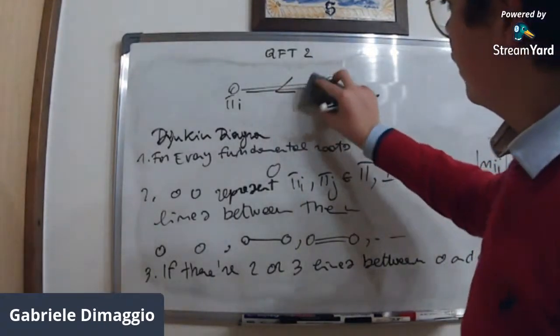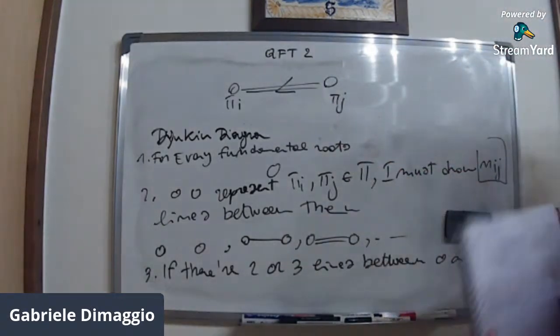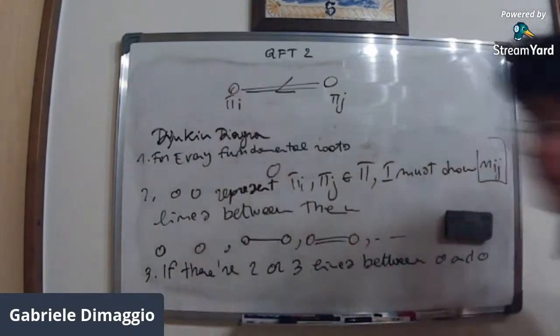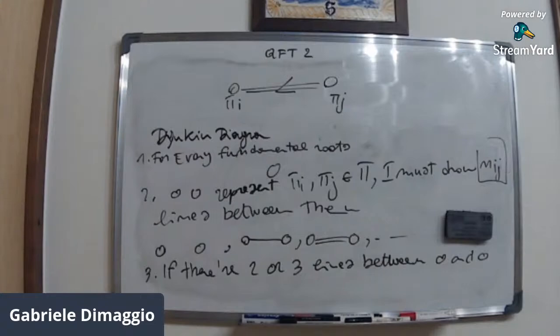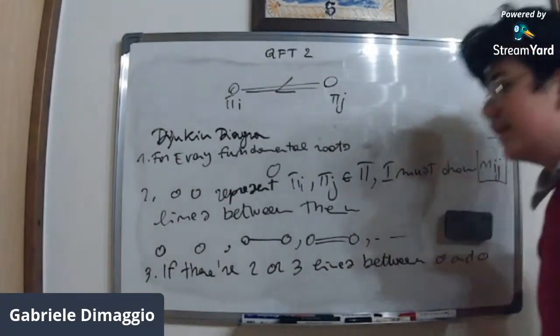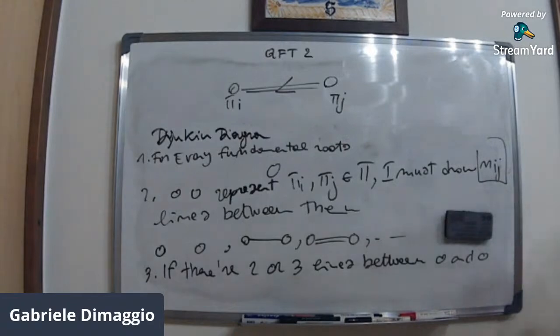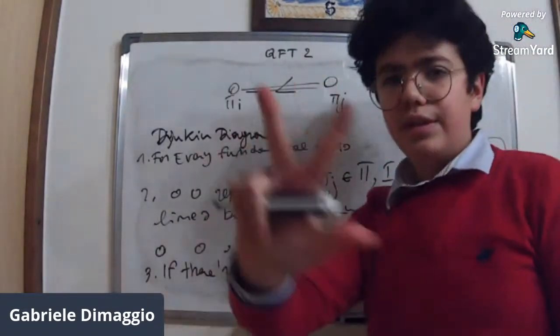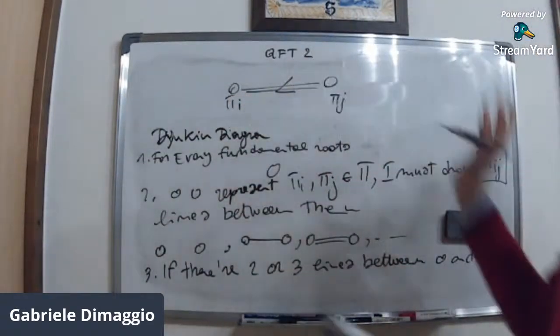So if this pi j is longer than this pi i, these drawings are called Dynkin diagrams. A Dynkin diagram is a particular way to represent a Lie algebra. In fact, now I have this particular theorem. So these are the 3 principal rules to draw a Dynkin diagram. Okay, perfect.